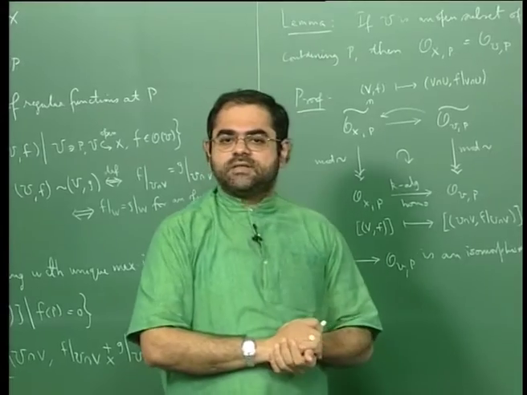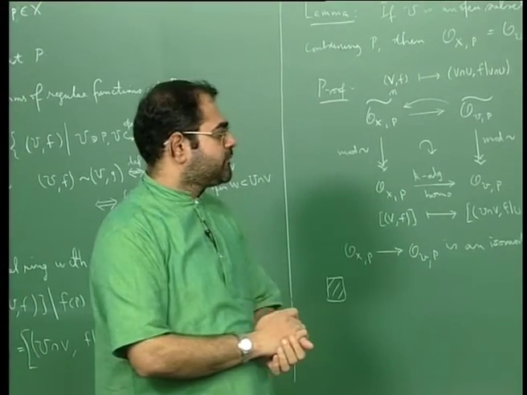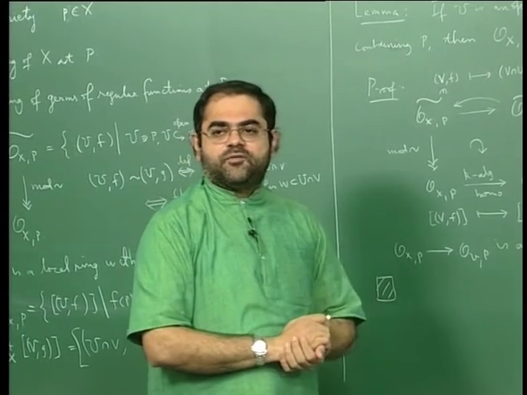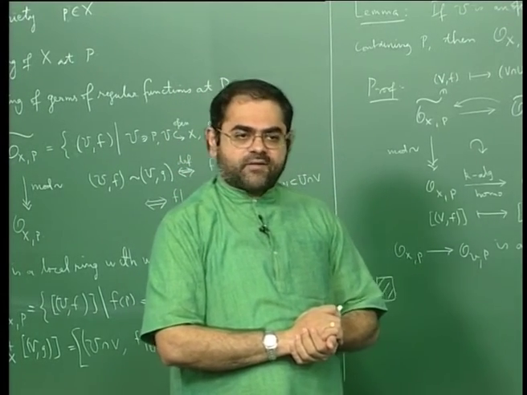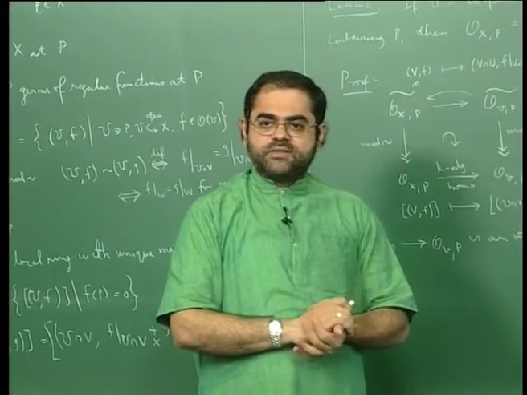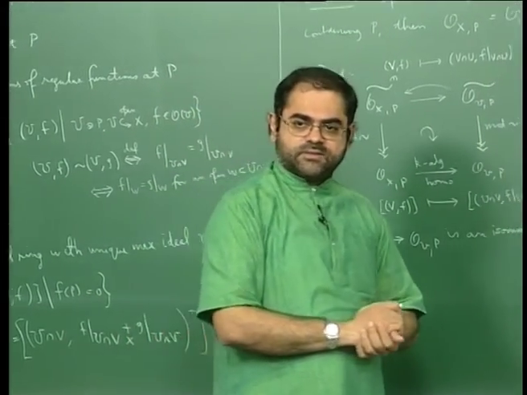So this uses the important fact that I stated in the previous lecture, that any variety affords a cover by finitely many open sets, each of which is isomorphic to an affine variety. It uses that fact.